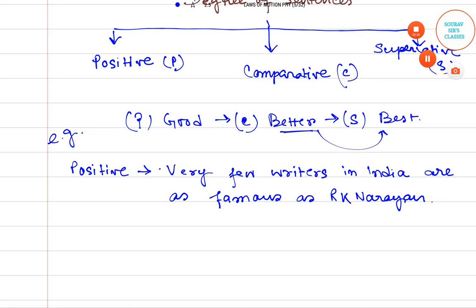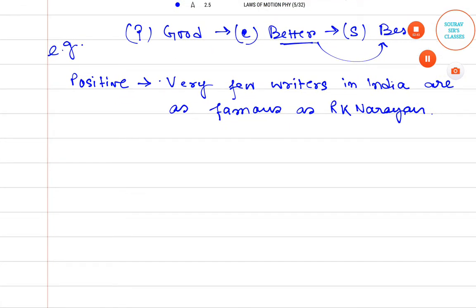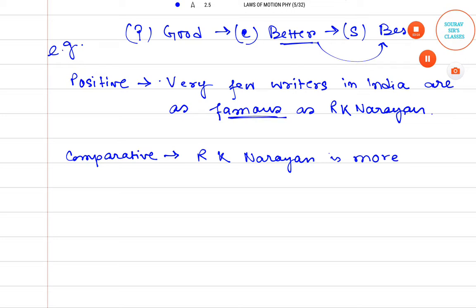But when it comes to making a sentence, the comparative form would be R.K. Narayan is more famous. So here we are dealing with this word famous, more famous.